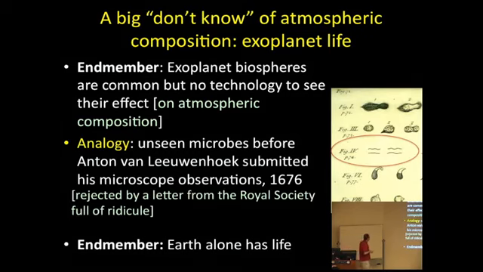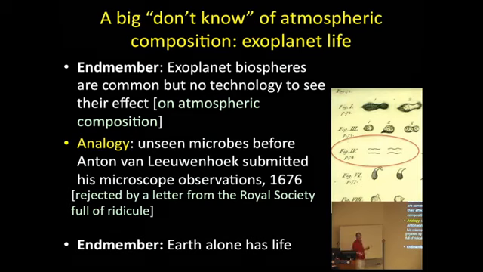By the way, his paper got rejected, and it's actually one of the worst rejection letters in scientific history, because they said that it caused merriment and considerable giggling, and the secretary of the Royal Society even questioned the sobriety of the observer during his observations. He discovered microbiology. So that's an example I use if a student gets a paper rejected. Don't worry about it, it just means you're doing something interesting.